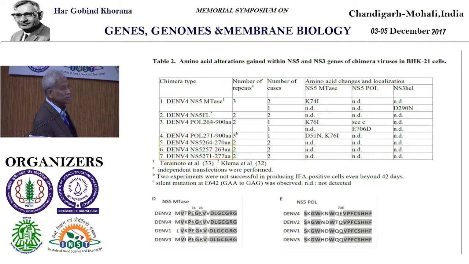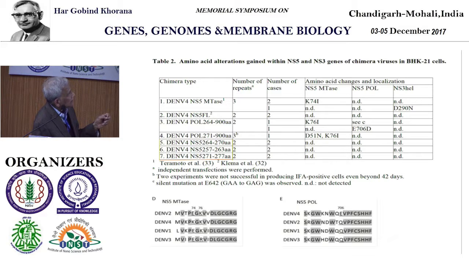And then we sequenced these using Sanger sequencing methods. In the first case I mentioned to you, K74I was the single mutation identified by the Sanger dideoxy sequencing method.